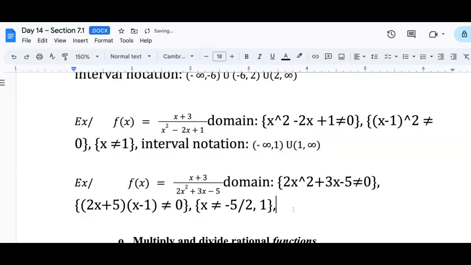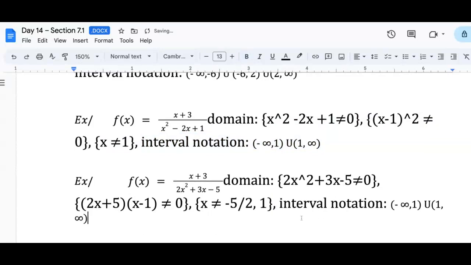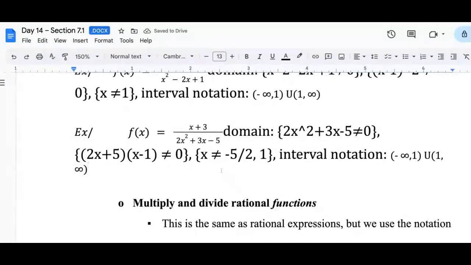For this one, we have 2 factors, right? Because the denominator is a quadratic. We put it in a factored form and solve. We get x not equal to negative 5/2, or x not equal to 1.